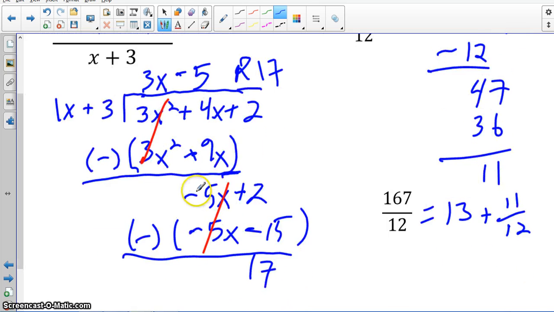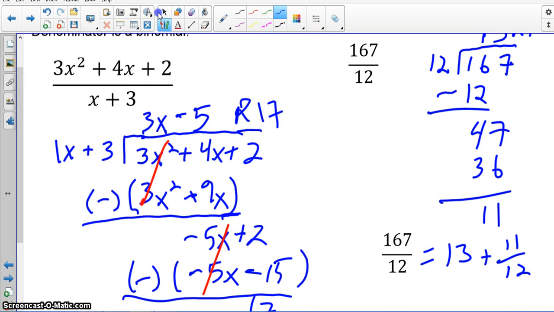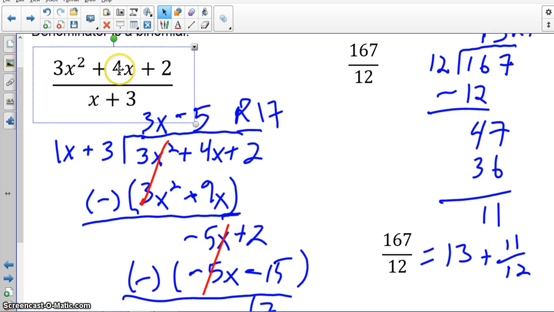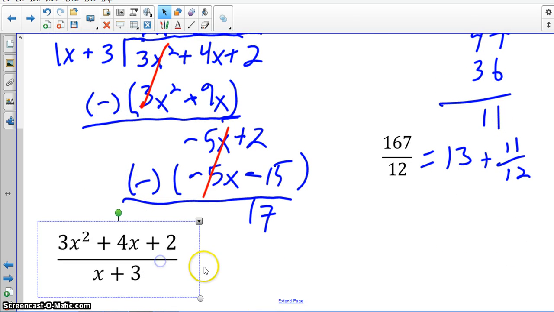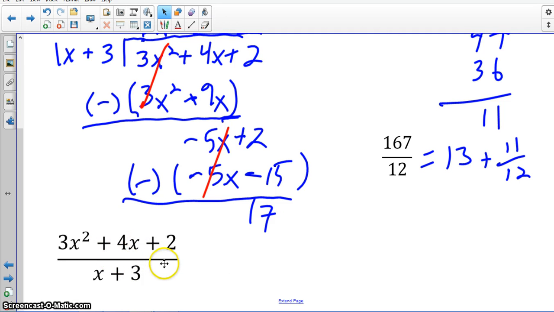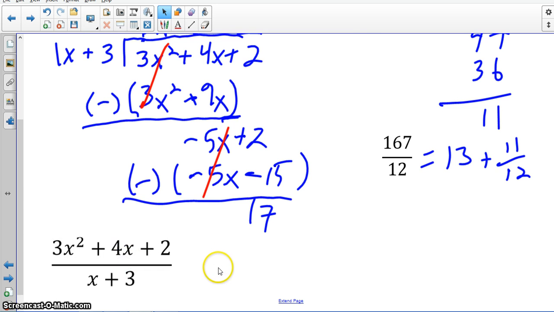Guess what? Same deal down here. Let me bring this down. This fraction, this rational expression, is what we call this, and we'll talk a lot more about rational expressions later in the semester.